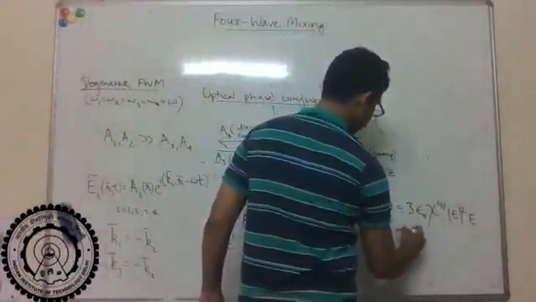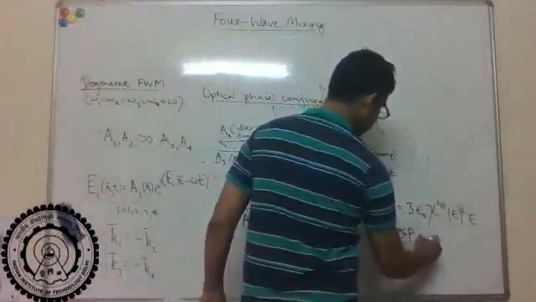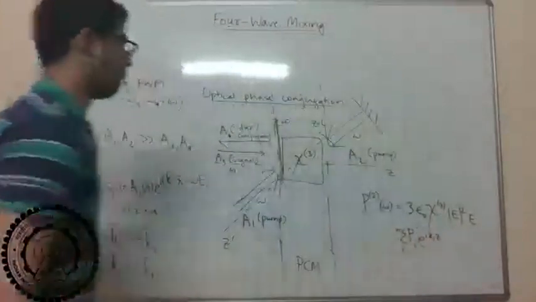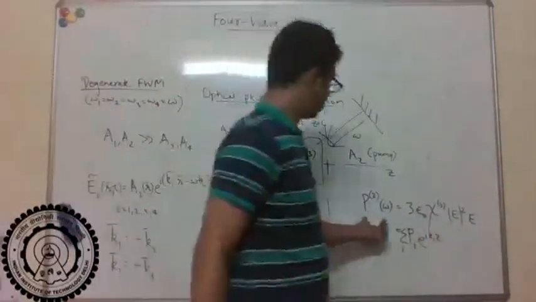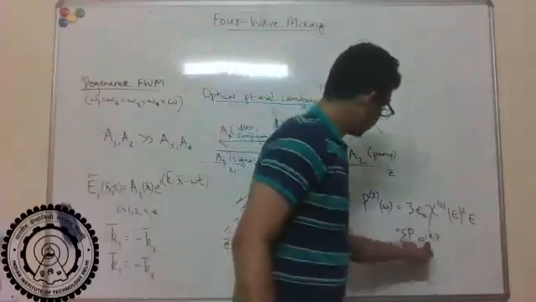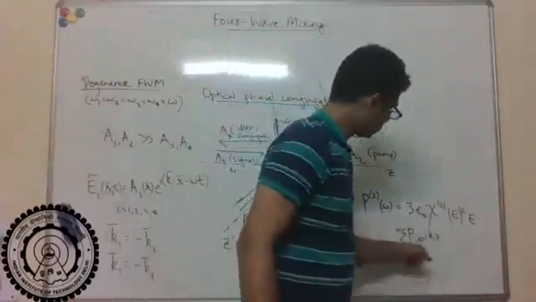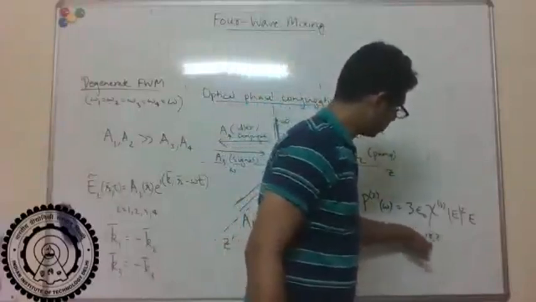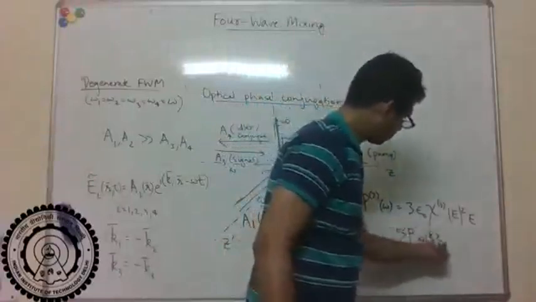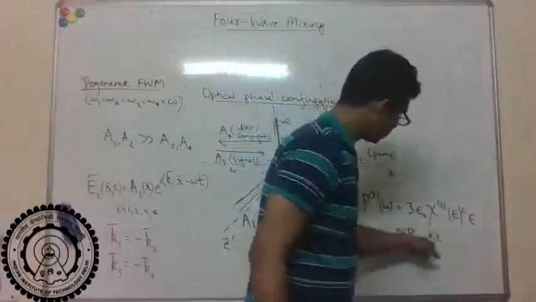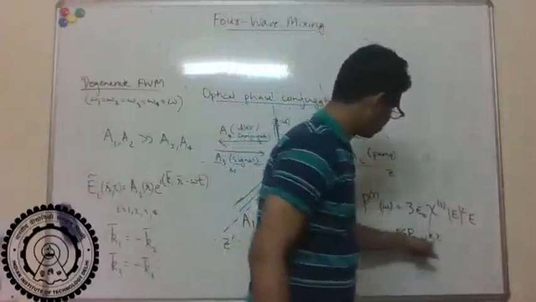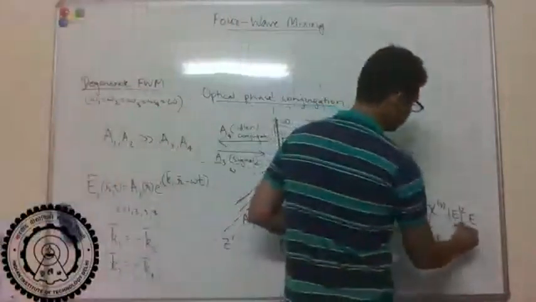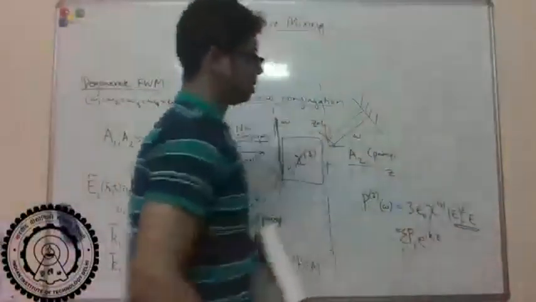So we can write the polarization as again having some phase, and the resultant wave vector of the polarization would be basically determined by which fields we choose to put here.